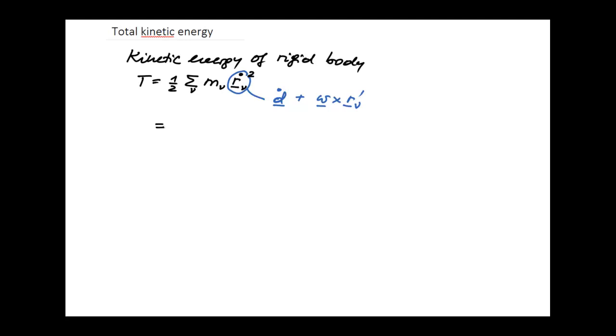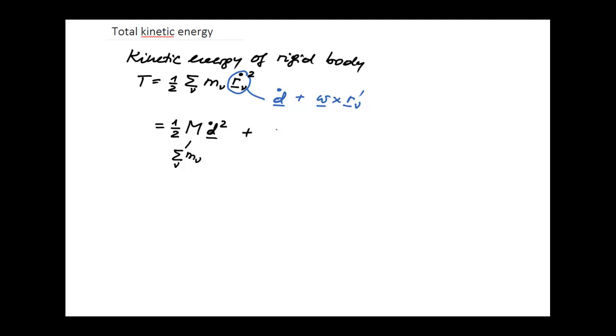When we use this result, this blue expression for r nu dot, then we can evaluate the square, and then we get three contributions. We get 1/2 total mass of the rigid body, so this is sum over nu m nu times d dot squared.